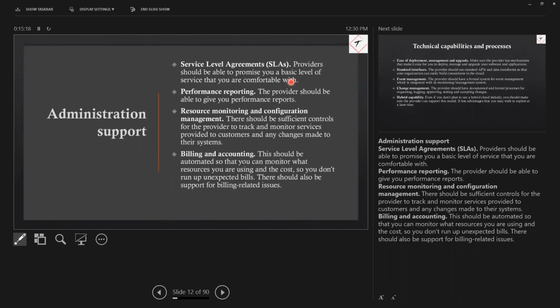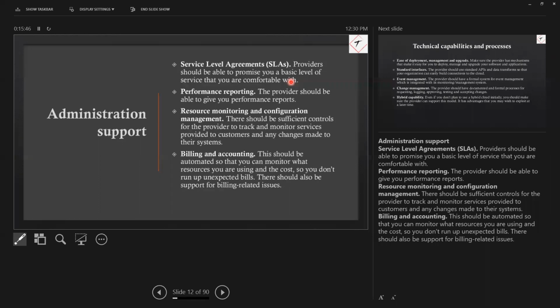What is the in-depth reporting they give you, and how can you use those reports? Resource management and configuration management in terms of what is the detailed level of controls you have to track and monitor your services, and how easily can you make the changes to the system. So that is something you need to consider.